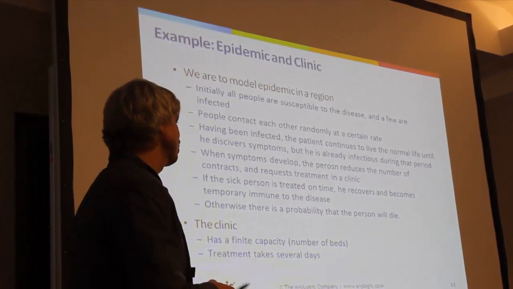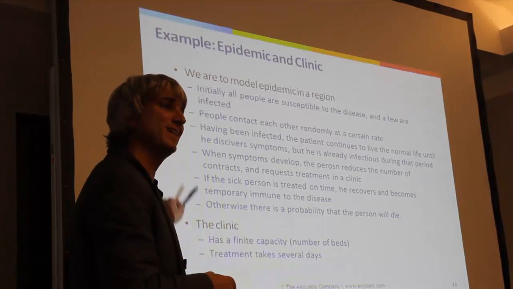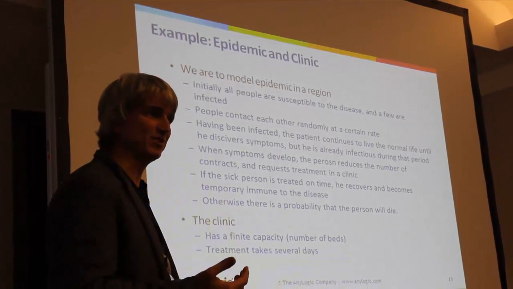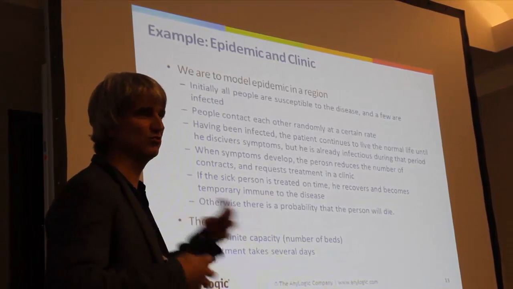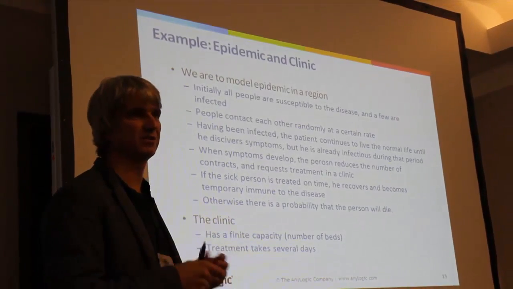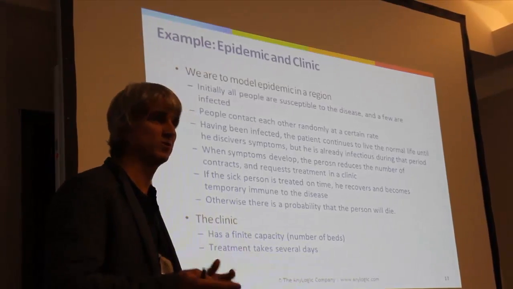So the actual load on the clinic will depend on the epidemic dynamics, and the two models will work together, and we will see how the two paradigms are actually linked within one tool.